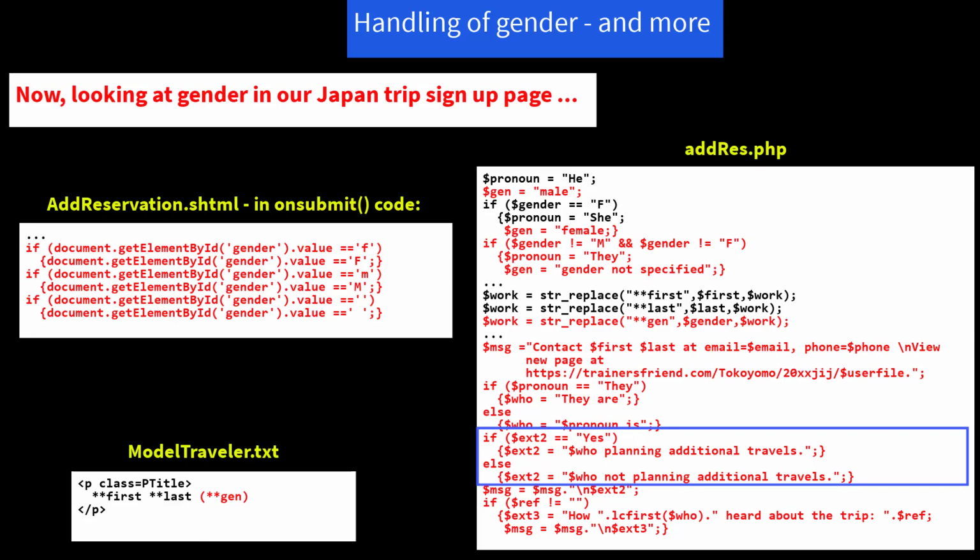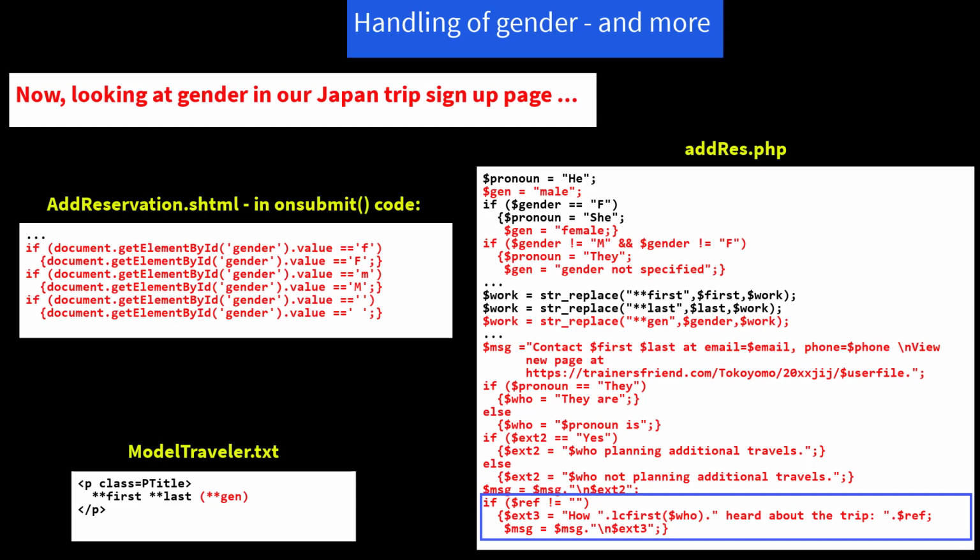And based on the work we did just a moment ago, that will make sense grammatically in English. And then $message equals $message dot, in other words, concatenated with new line $ext2. And then finally, if $ref not equal to quote quote, then $ext3 equals how dot lc first $who heard about the trip, and that's similar to what we did before.